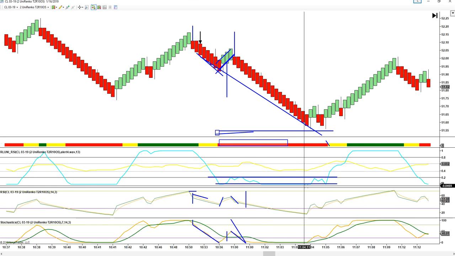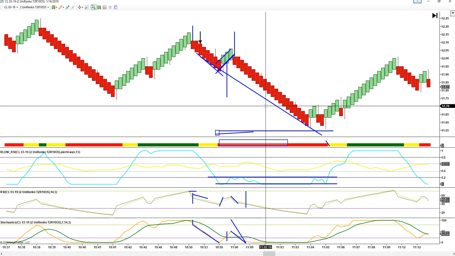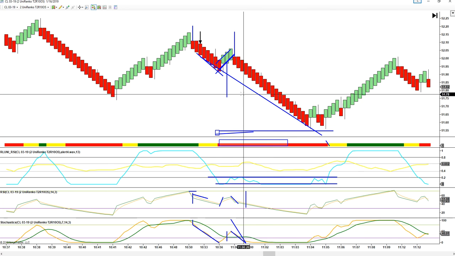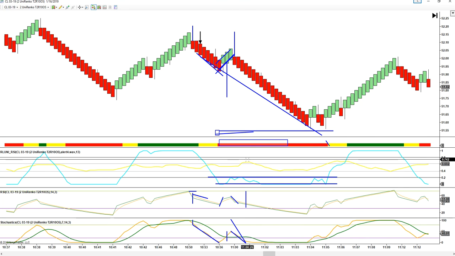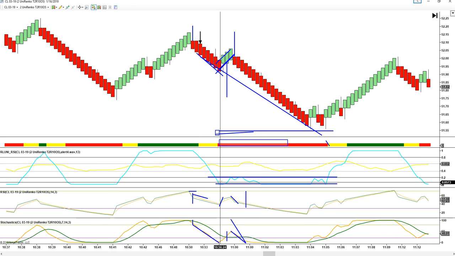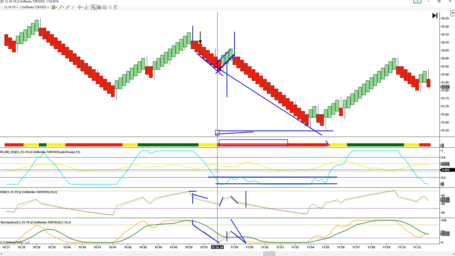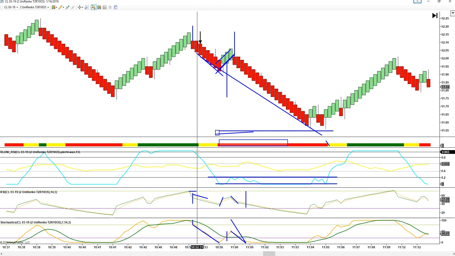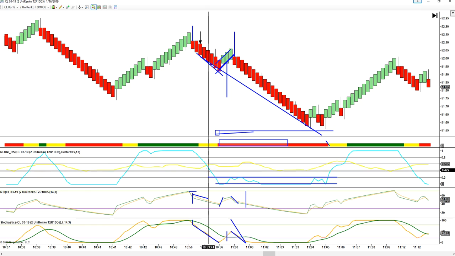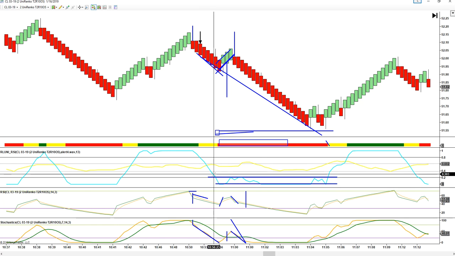So it's just a superlative trade entry tool. You can use it as a standalone, as an augmentation to anything that you're currently using on your platform. Now, I hope that you've also gotten a little bit of a better understanding of how to trade an oscillator. A short trade from overbought, a long trade from oversold, and you want to make sure that the important line crosses the signal line.